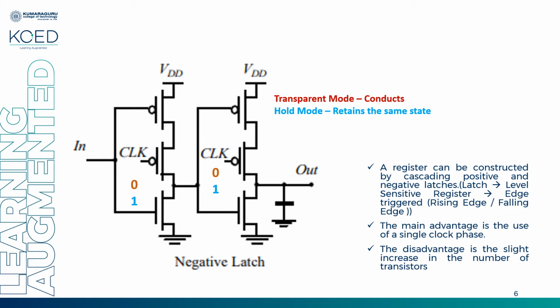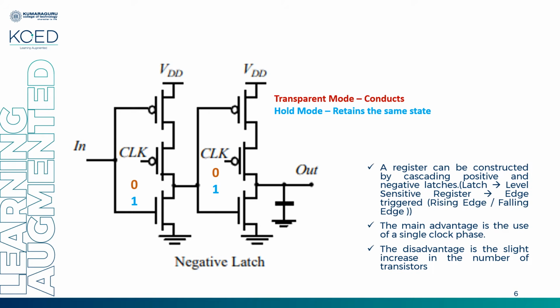When you cascade both the positive latch and negative latch, you obtain a register. The difference between a latch and a register is that a latch is level triggered, meaning your output will be obtained when you maintain the level 0 or 1.